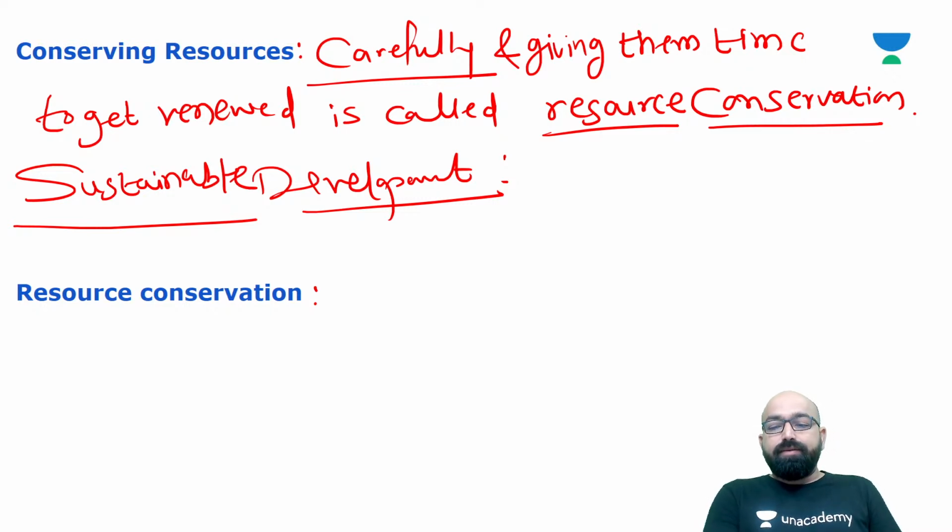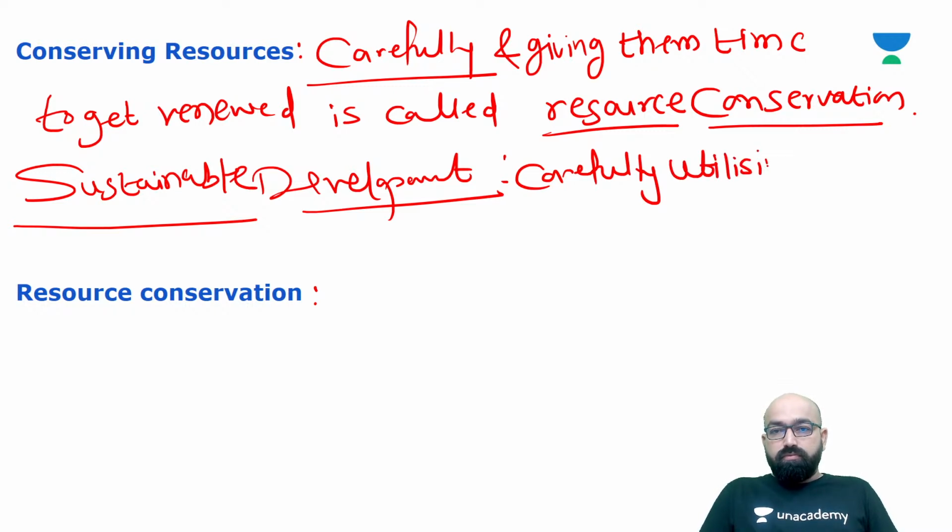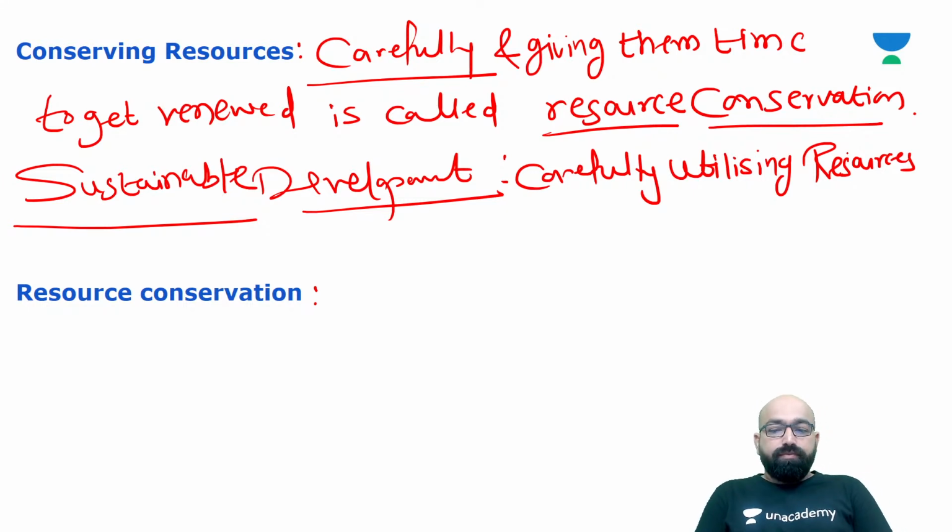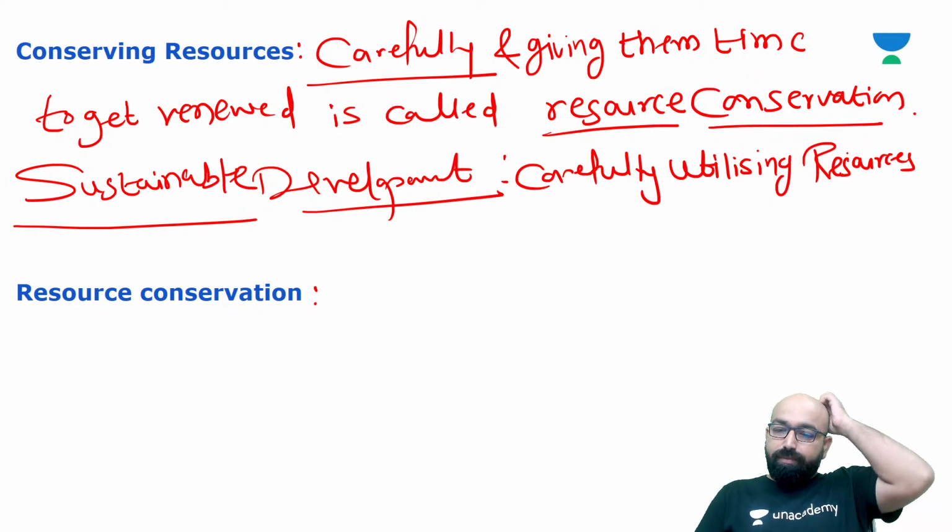So friends, sustainable development, which is carefully utilizing resources so that besides meeting the requirements of the present, it also takes care of future generations. So this is sustainable development.